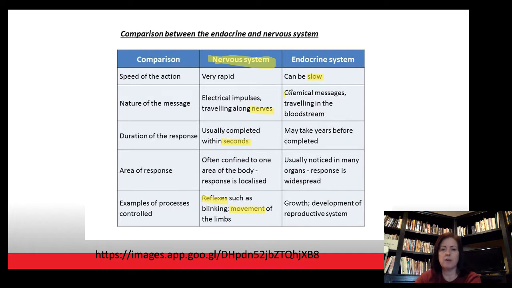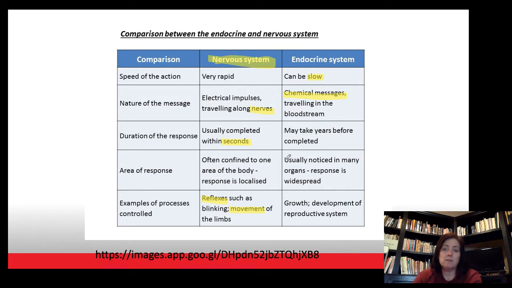And those processes happen through chemical messengers that travel through the bloodstream, and they're released from one endocrine organ, and they travel a distance to have an effect on a distant target organ or target cell. So chemical messengers are called hormones, and that's the way that the endocrine system communicates. So its length of time for response is going to be a lot longer than what we see with the nervous system.